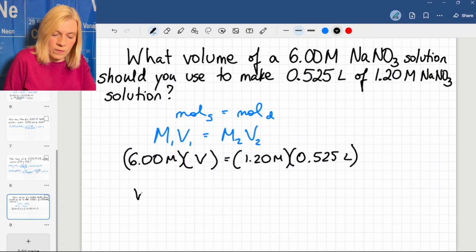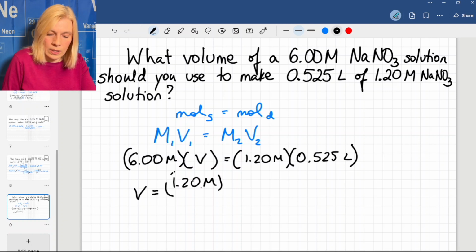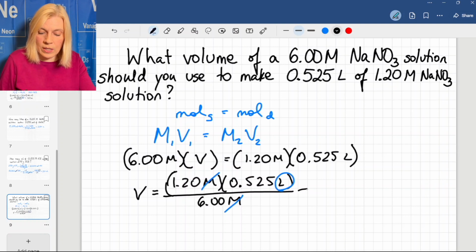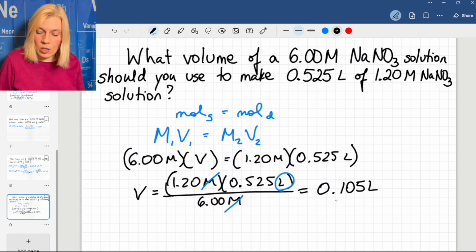So the volume that I will use is 1.20 molar times 0.525 liters divided by 6.00 molar. And again, my molarity cancels out. I'm going to have liters, so the volume will be in liters. If you plug this into a calculator, you're going to get 0.105 liters. It's asking you what volume, or you can say 105 milliliters.